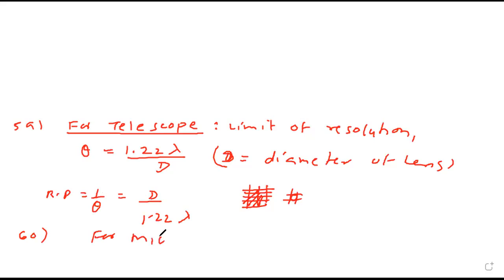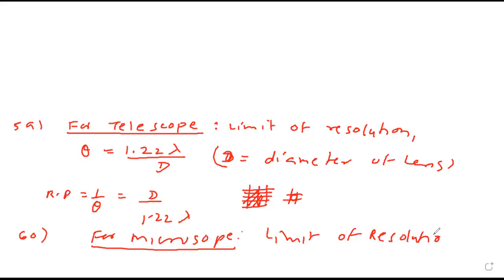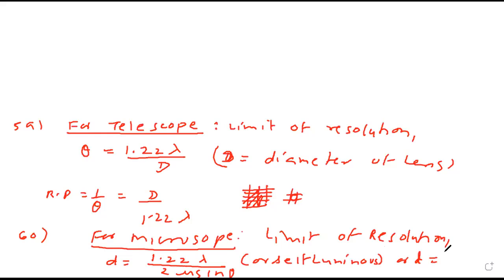And for a microscope, the limit of resolution is the minimum distance denoted by d, which is 1.22 lambda upon 2 mu sine theta, for a self-luminous body like a star. Where you send incident light, it is just lambda upon 2 mu sine theta.